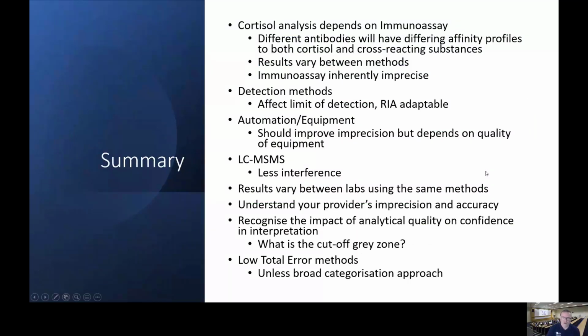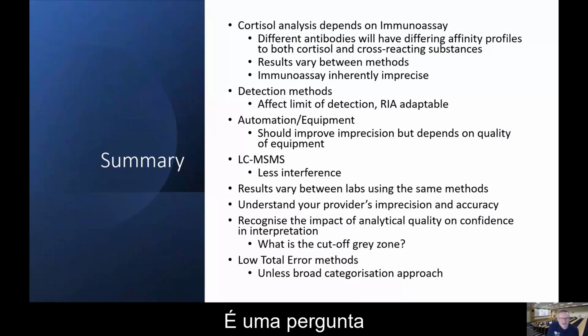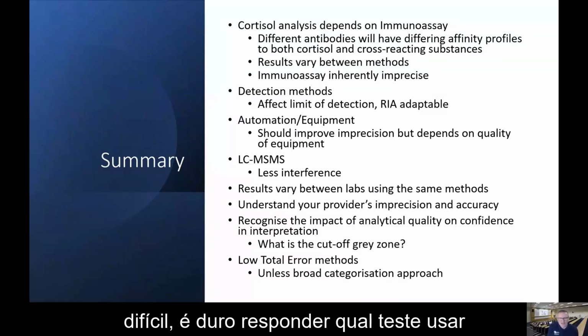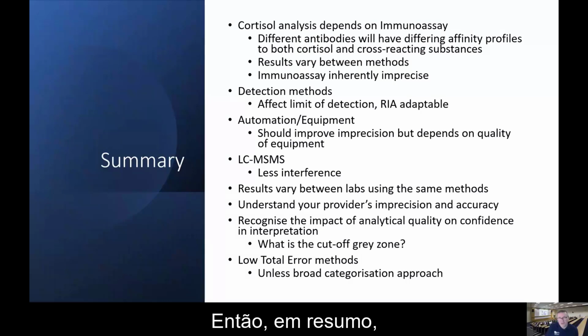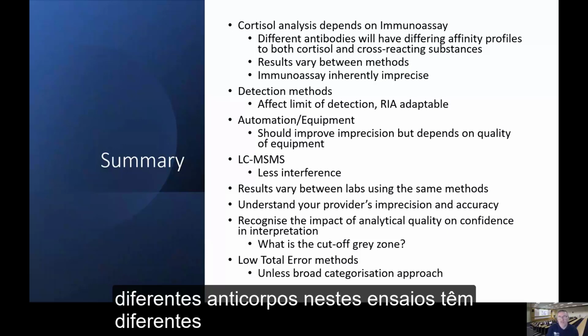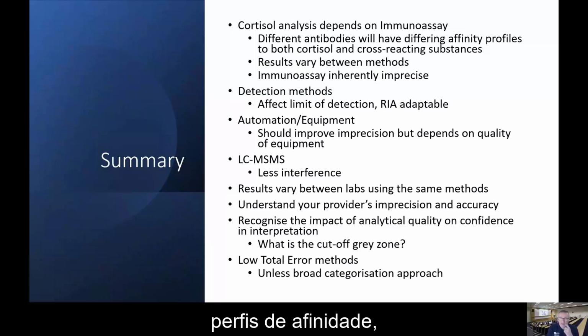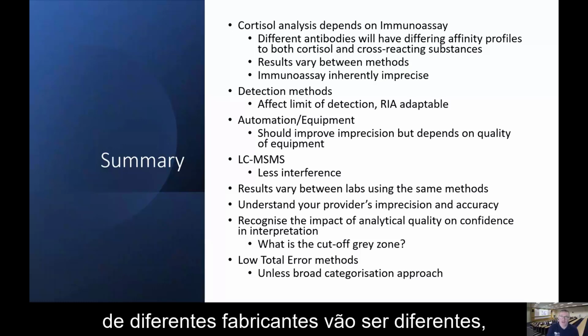So in summary then, that's quite a long trawl, but I thought it's a very hard, difficult question to answer which test to use if I don't first cover how the tests work. So in summary, cortisol analyses do depend on immunoassays. Different antibodies in those assays would have different affinity profiles, which means different manufacturers' cortisol results are going to be different.